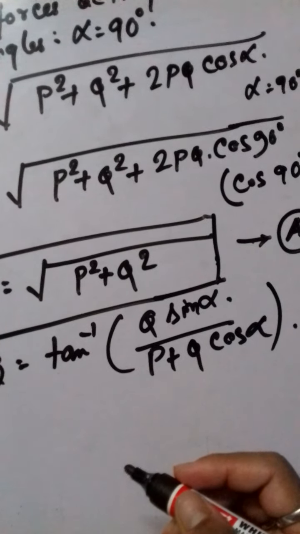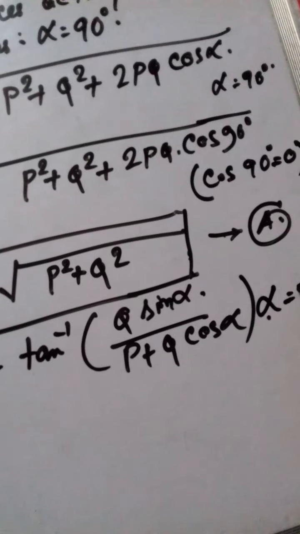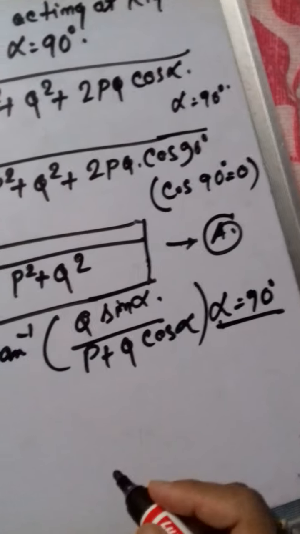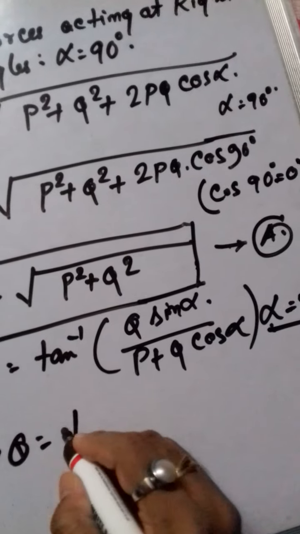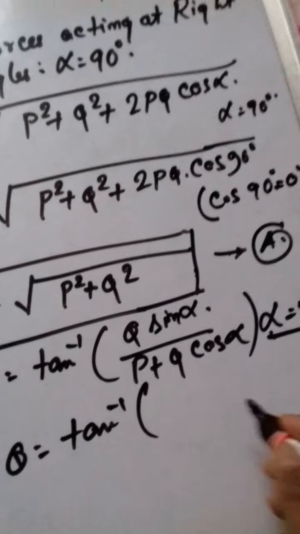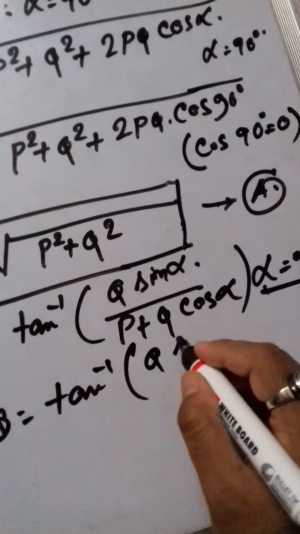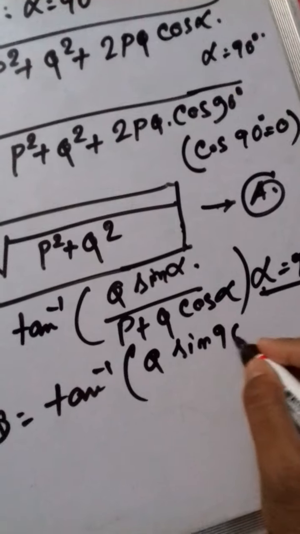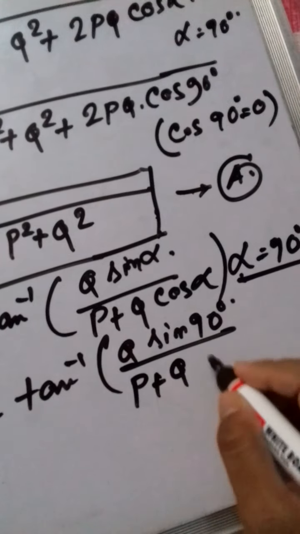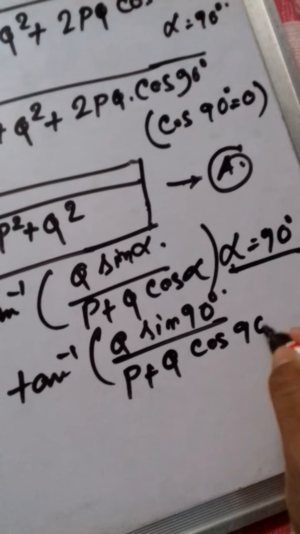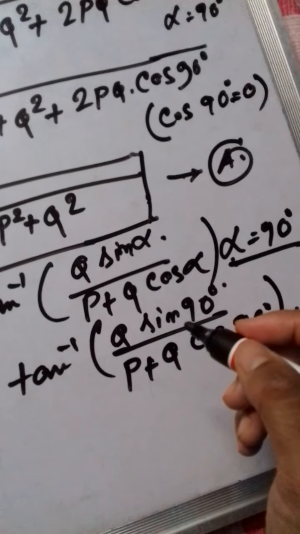Now the value of alpha, that is the angle between the forces, is 90 degree. So just substitute the value of alpha over here, tan inverse of Q sin 90 divided by P plus Q cos 90, right?